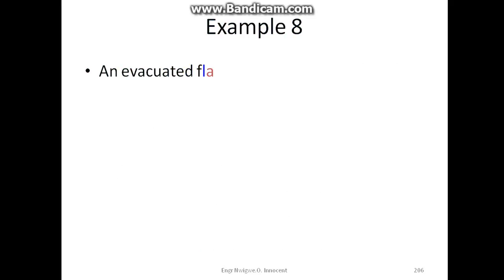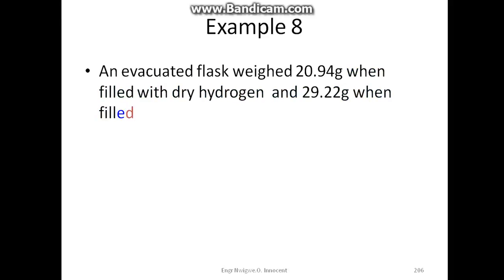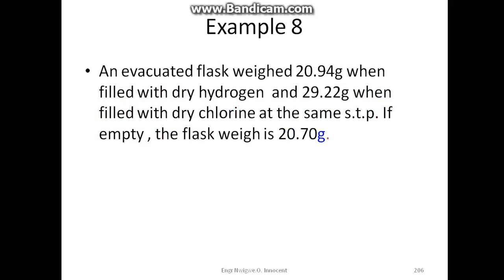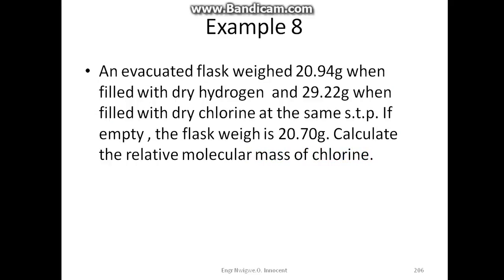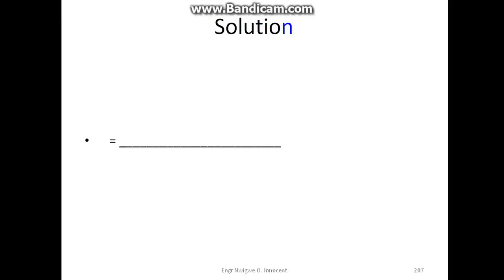Example 8. An evacuated flask weighs 20.94 gram when filled with dry hydrogen and 29.22 gram when filled with dry chlorine at the same STP. If empty, the flask weighs 20.70 gram. Calculate the relative molar mass of the chlorine. Solution. Mass of dry hydrogen is equal to 20.94 minus 20.70 gram, which gives us 0.24 gram.